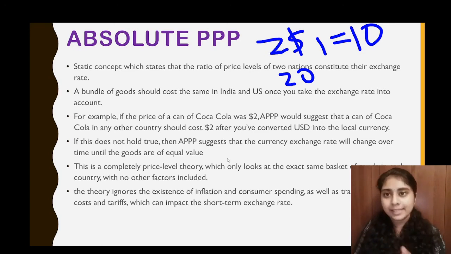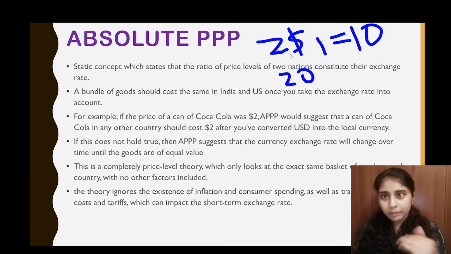That is, if the Coca-Cola can is not $2 in both India and America, then eventually the market changes will make the price equal in both countries. Like in the case of the football, eventually the market will make the price equal.